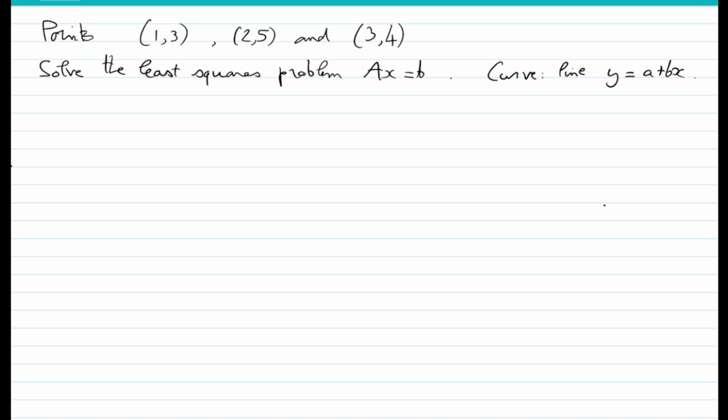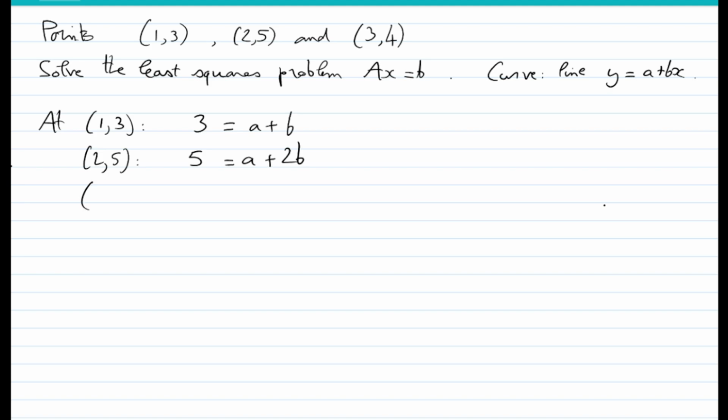So at 1, 3, when we replace y by the value at the point 1, 3, which is 3, we get 3 equals a plus b times 1. At 2, 5, we get that 5 is equal to a plus 2b.